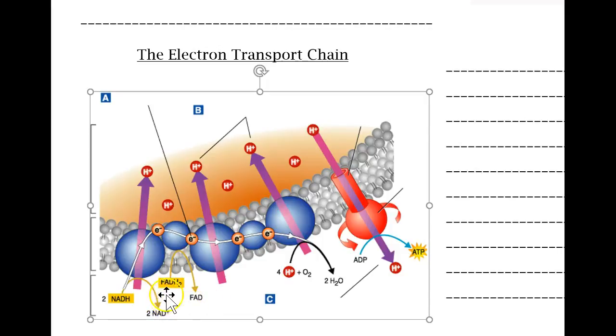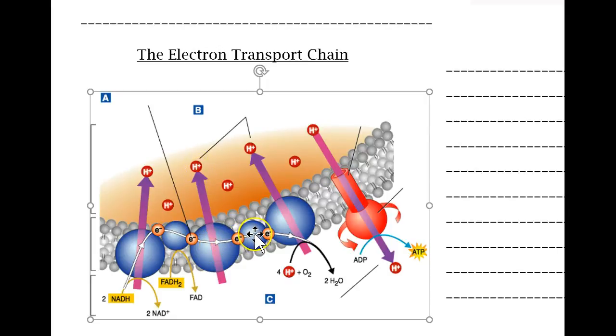The FADH2 is going to drop its electrons off at this transport protein, and then it'll move into the second ion pump. So they don't start with the first, they start with the second, and that's going to move hydrogen ions against the gradient. Same thing that the first pair of electrons did.